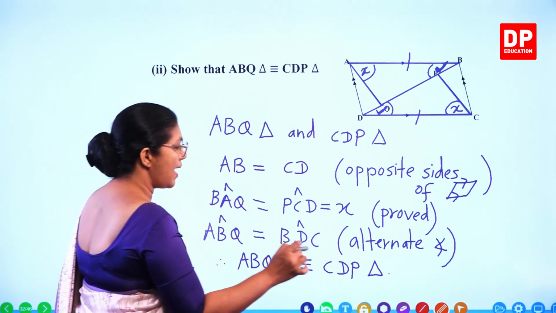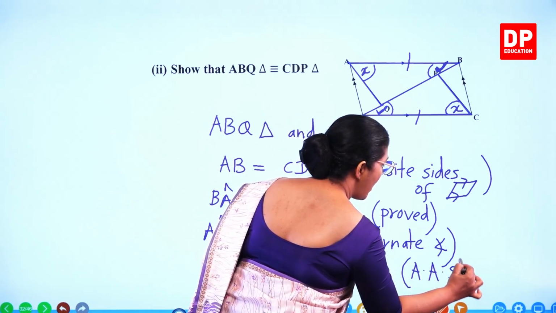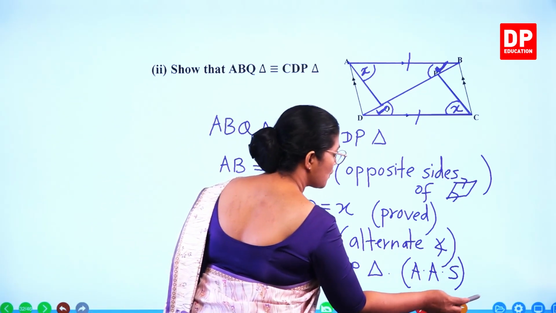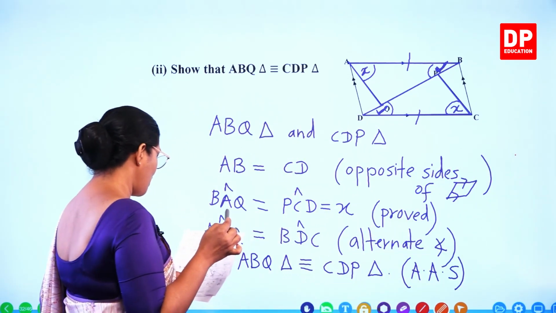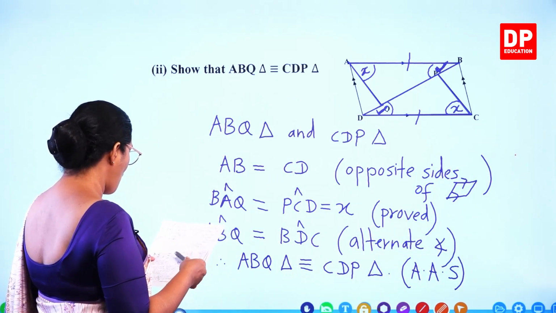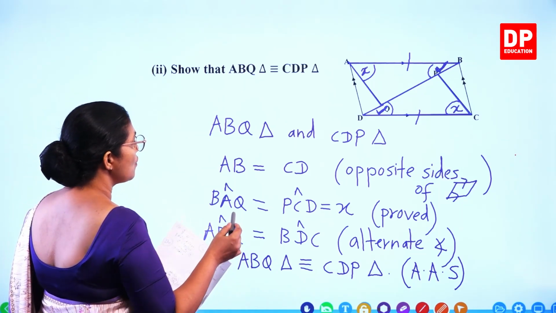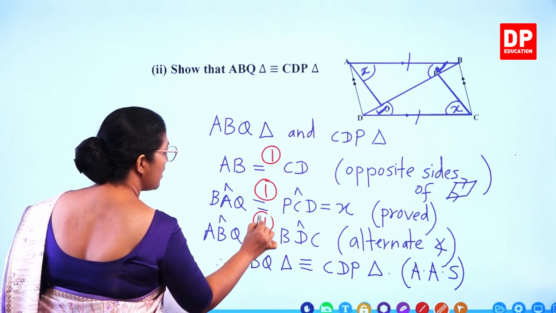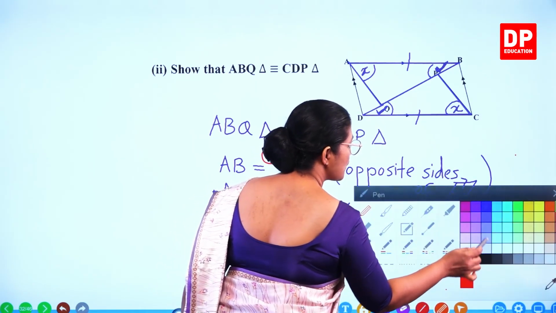So what's the case? Angle, angle, side: 2 angles and 1 length. So how many marks for this part? Showing that the 2 triangles are congruent, you get 4 marks for that. So 1 mark here, 1 mark here, and giving the reason 1 mark. So 4 marks for that.